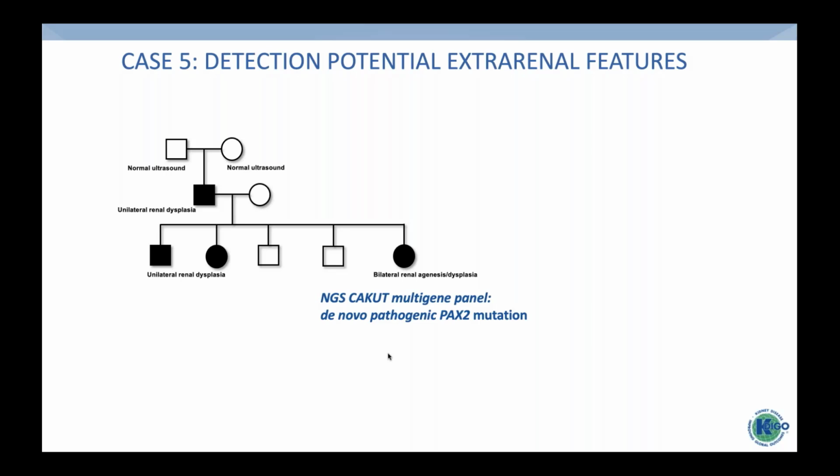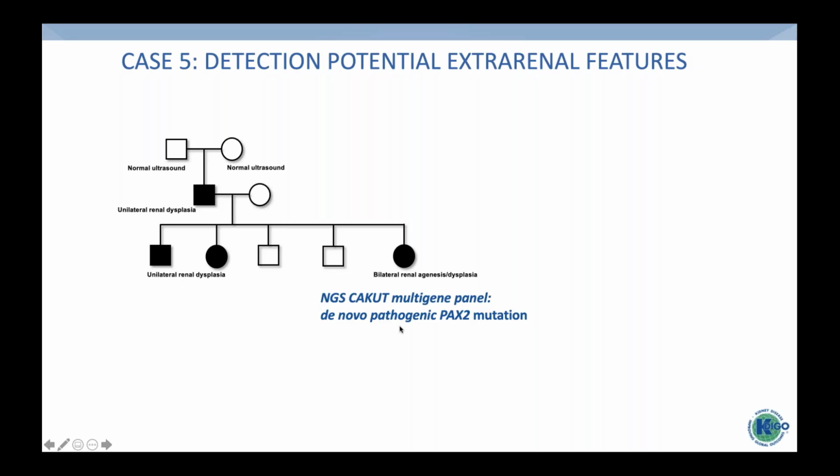In the father of this family, the first patient of the family, we did multi-gene panel sequencing, and we found a PAX2 mutation in this father. Both his parents didn't have this PAX2 mutation and also had a normal ultrasound.